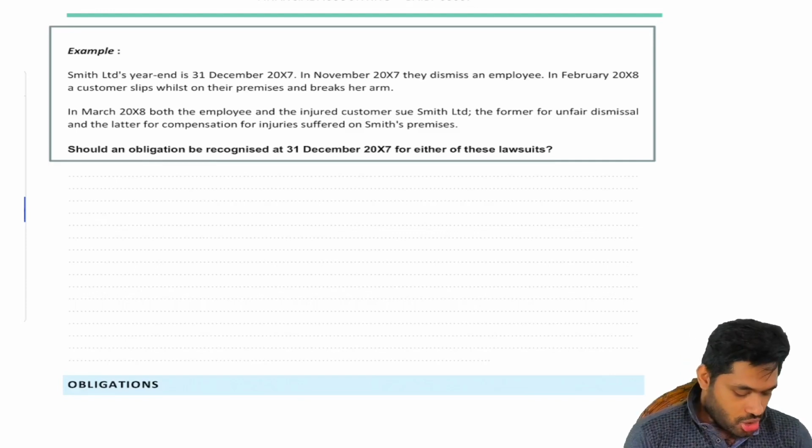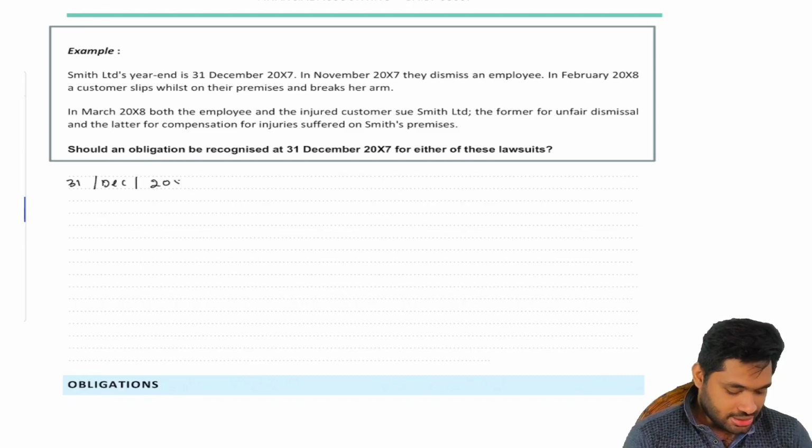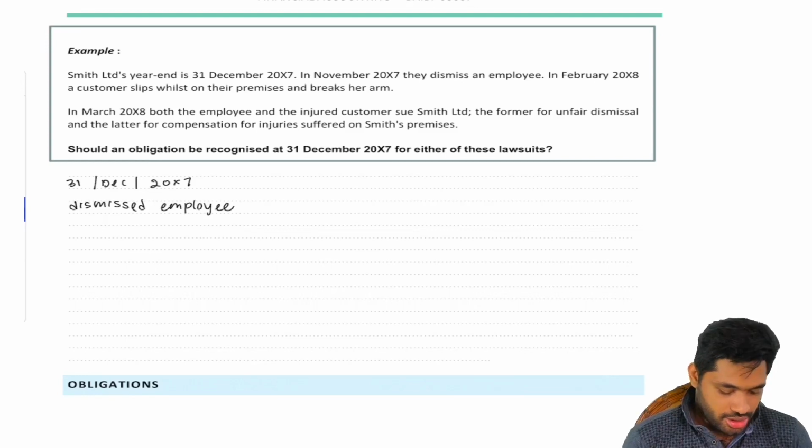Okay, so on 31st December 2007, you have a dismissed employee, and then in February 2008, you have an injured customer.